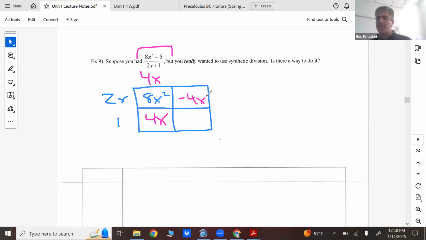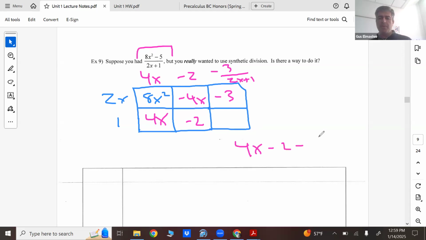So you got to put negative 4x, cancel it out. Therefore, this has to be negative 2, and that becomes negative 2. But what do you really want? You want a negative 5, right? If I want a negative 5, what will I put there? A negative 3. So it becomes 4x minus 2 minus 3.